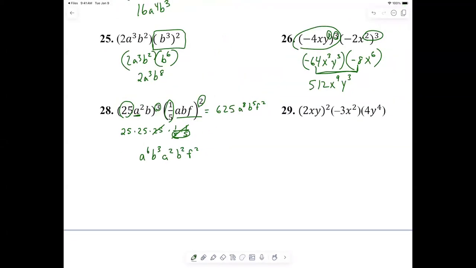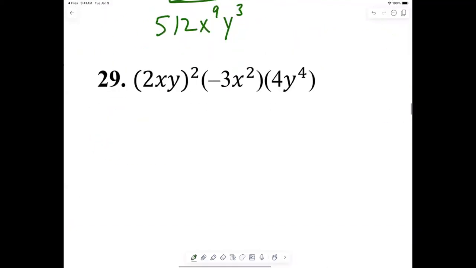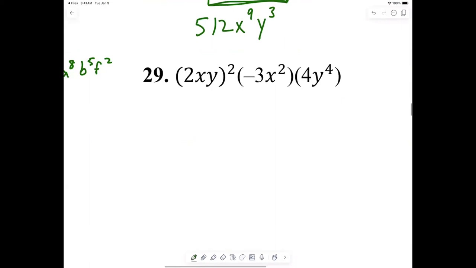All right. Let's do one more. Mr. Greep, I'll let you do 29. All right. Let's do the first one. So what does that simplify to? 4 Y, X what? X squared and Y squared. Yes, sir.